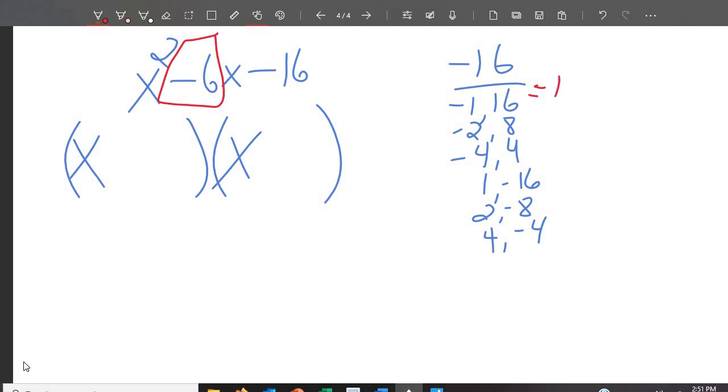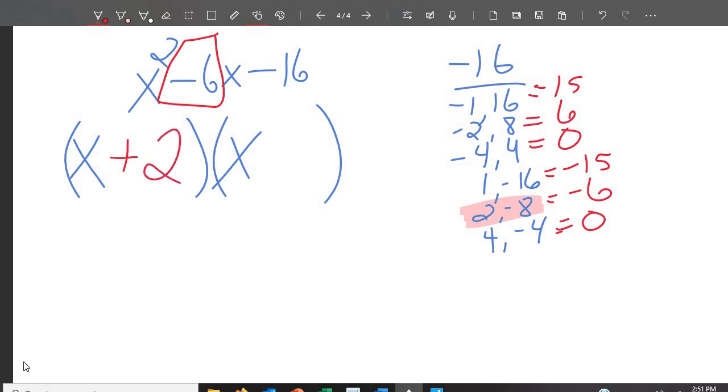If I add these up, we get +15, +6, 0, -15, -6, and 0. So these two numbers give me the -6. Those are the two numbers we're going to put in parentheses, a plus 2 and a negative 8.